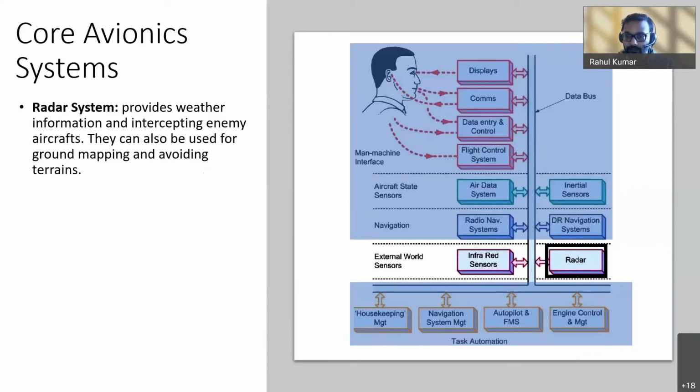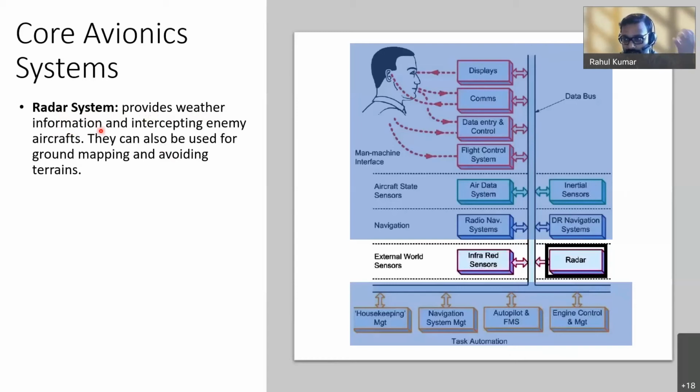And the next subsystem is your radar system. Obviously we all know what a radar is. In brief, we know that it can be used to determine the weather condition. So the radar system provides weather data or weather information, right?